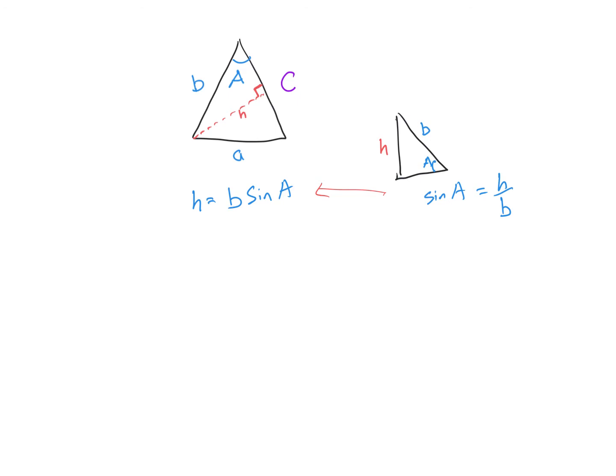We find our H, and now we also have to consider our value B. And our B is the value that is adjacent to angle A. So if we find H, and the distance of A is greater than the distance of H, but it's also less than the value of B, then there are two possible answers.